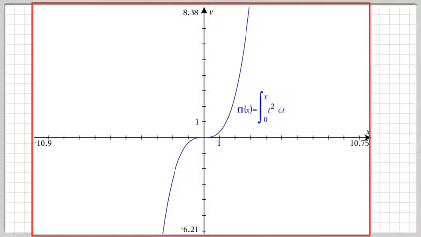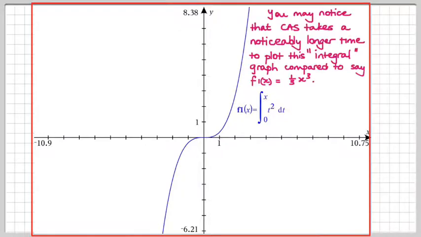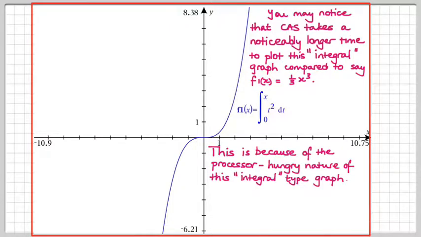It's happening in real time, whereas normally on a CAS handheld it's just bingo, there it is. But this time you can see that it's struggling under the weight of the task that you give it. I'm just saying it takes longer than normal because it's working out every point as an integral, and it's very processor hungry.